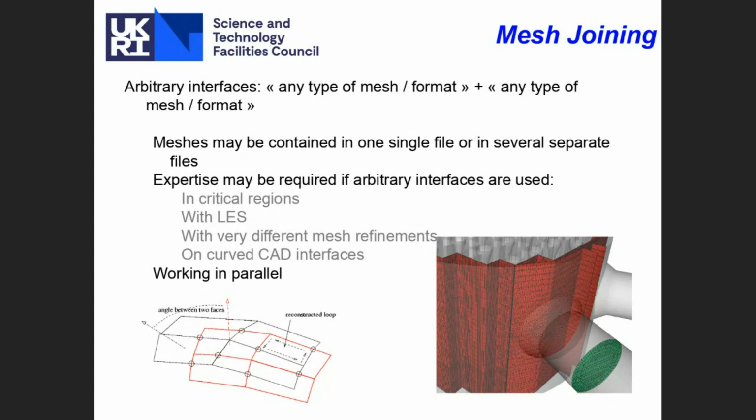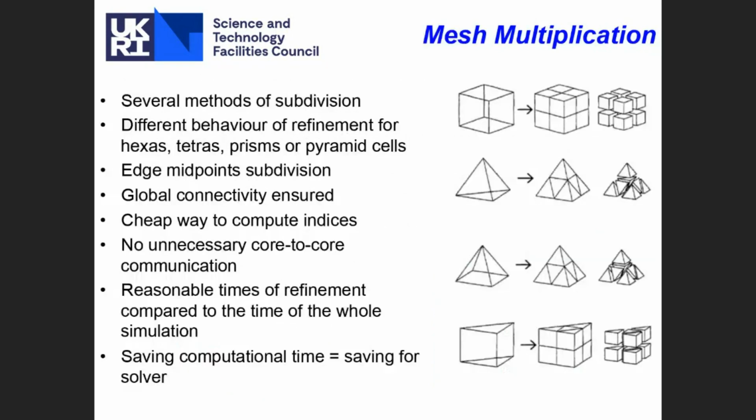Basically, it's possible to glue conformal meshes, but also non-conformal meshes, which is described in the plot at the bottom left. You can see an overlap of two different meshes, and extra faces are built there so that the interface actually becomes a fluid interface and not a binary interface. This is done on the fly and fully parallel.